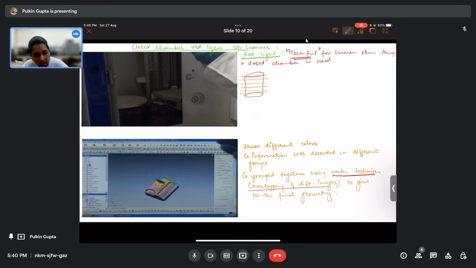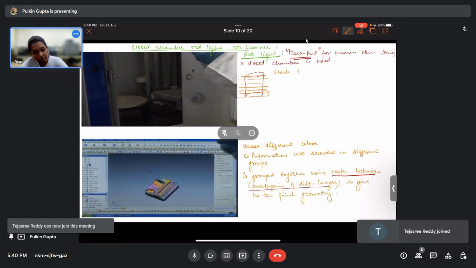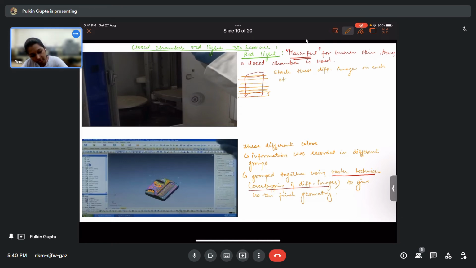It will take a reading here, then after a certain distance a reading here, and then here, and then here, and then it will stack these different images on each other to provide the final geometry.